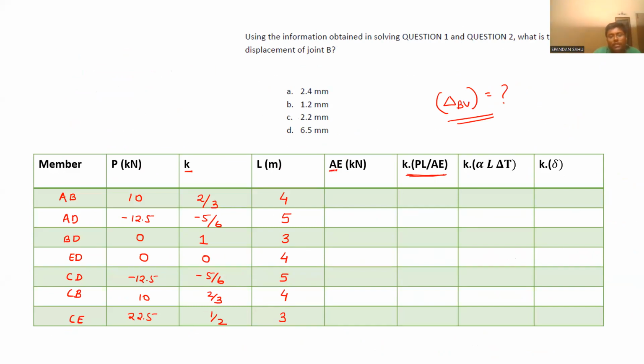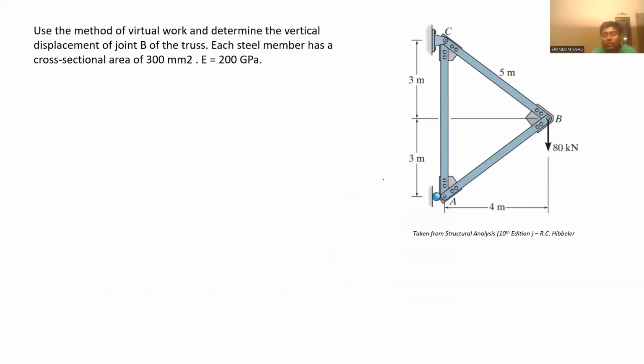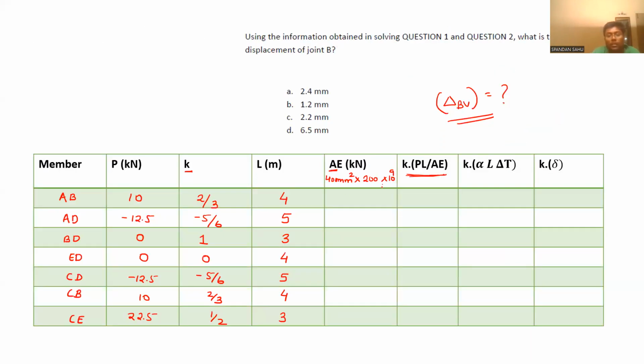Now A is the cross-sectional area which is constant for this problem, that is 400 mm square, and E is modulus of elasticity, that is also constant for each member, that is 200 into 10 power 9 Newton per meter square.